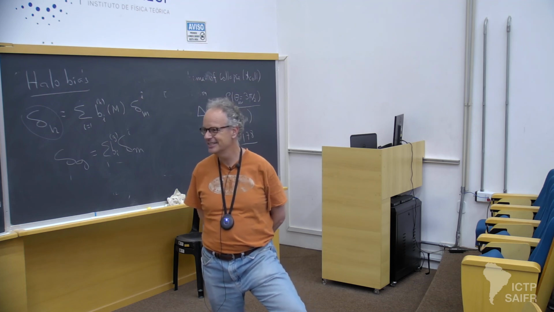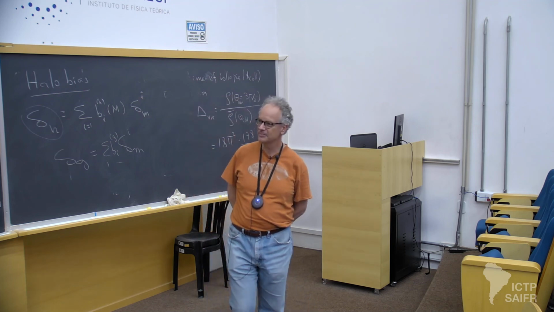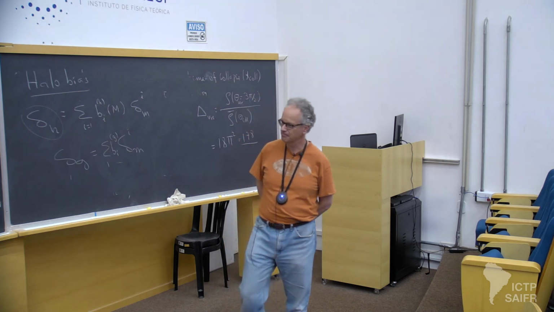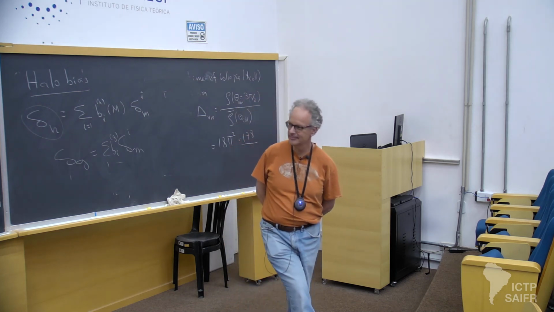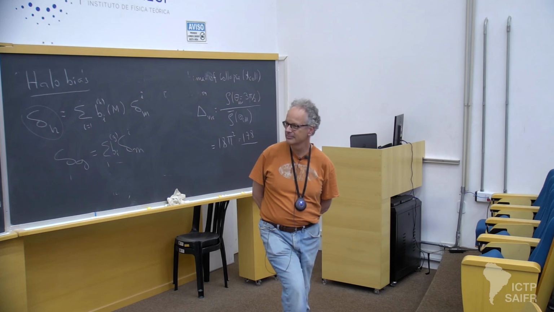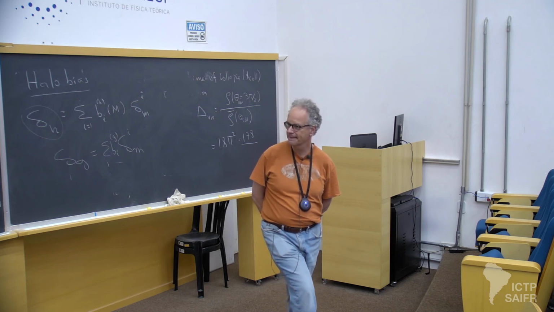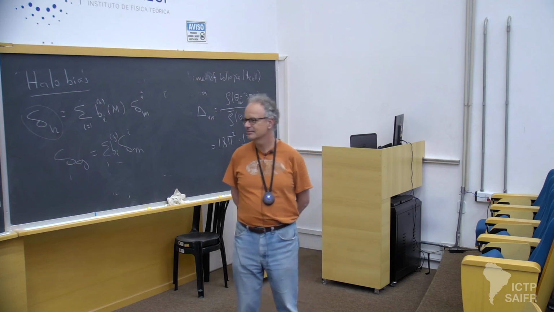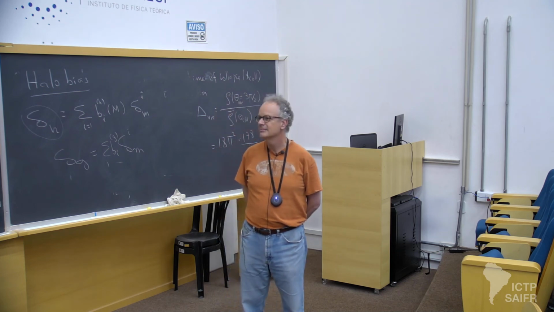By the way, I should make an announcement. In the problem set that I gave you on Wednesday, the second problem there, I made a slight confusion. You remember that we found that the density contrast in the linear regime goes like A of t in the matter-dominated era.